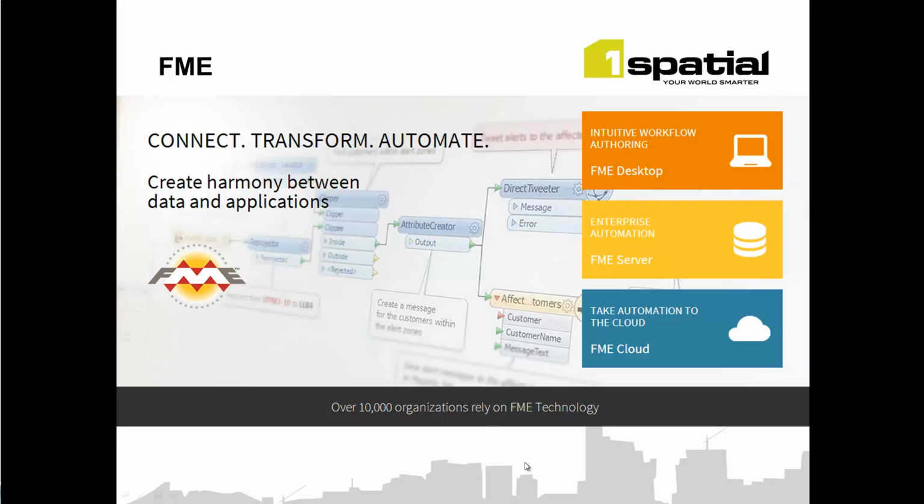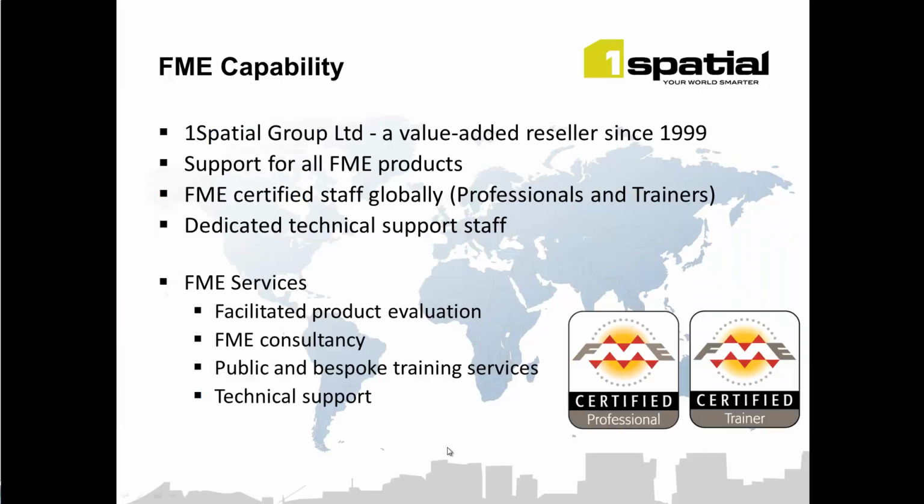Initially though, we really are going to be focusing in this session on the FME Desktop product, because ultimately if you author a process in FME Desktop and make it as efficient as possible, then when you port that to FME Server or FME Cloud, you're in the best position you can be. So we're going to focus our attention in that arena.